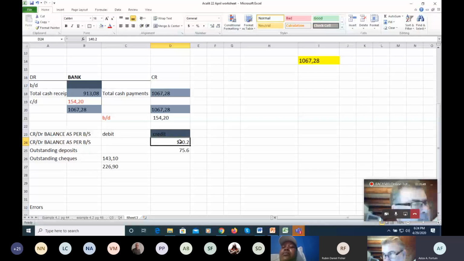Next week we're going to do chapter 6, ledger and trial balances. Okay, that is not too difficult, but I want you to practice this bank recon because you can get your marks here. You can get your full marks here with this.